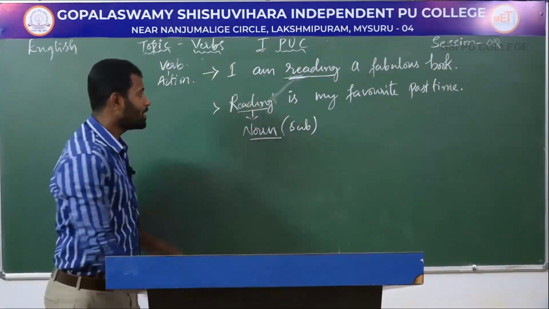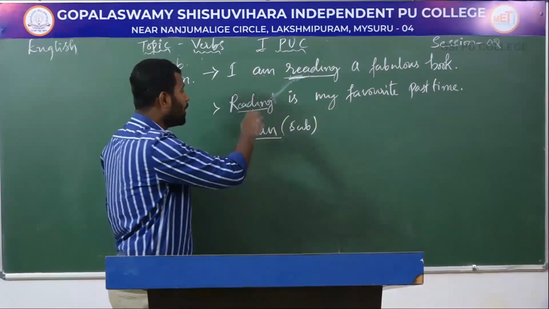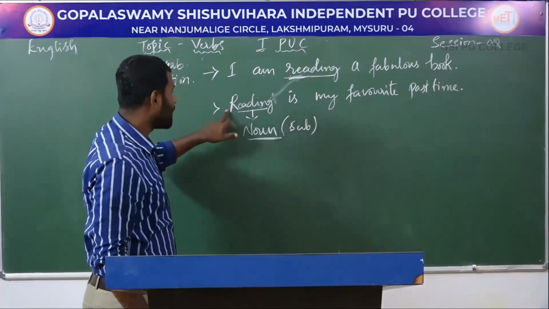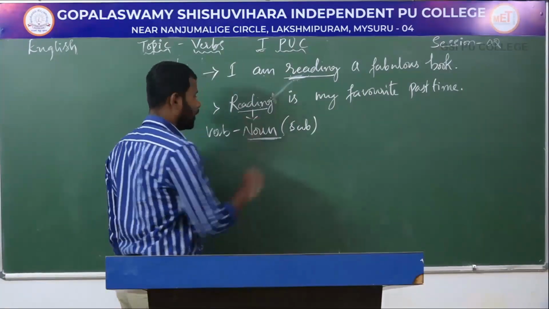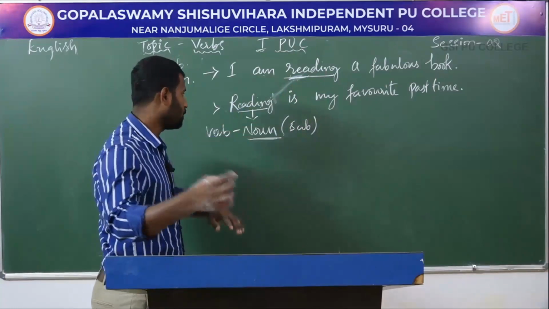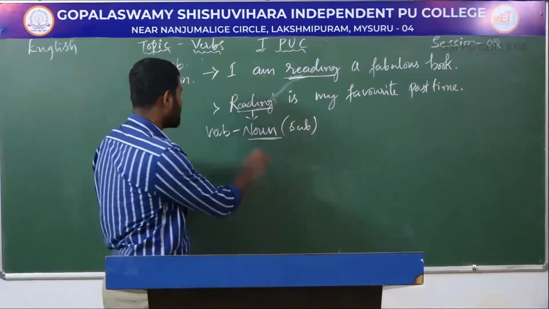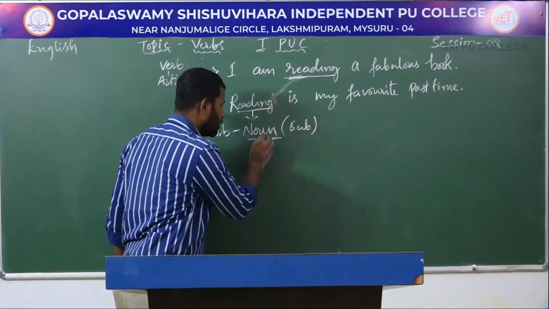Whereas in the second sentence, this word reading, though it is a verb in common, is used in the place of a noun, so it plays its role as a verb noun. In the first sentence, this verb is an action word, whereas in the second sentence, reading is a verb noun since it is used in the place of a noun.